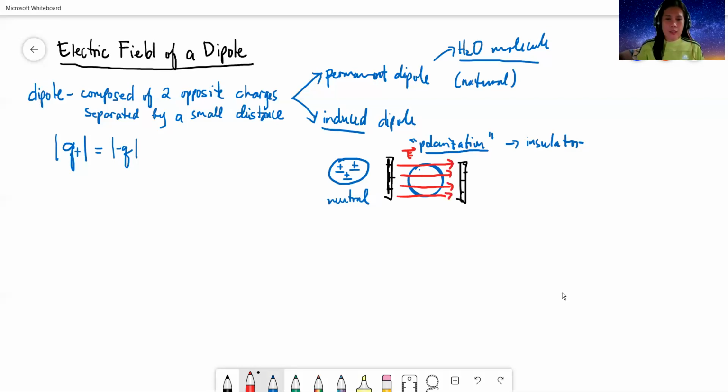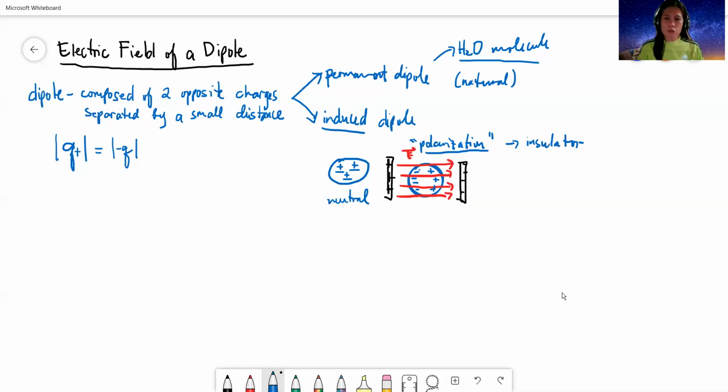The portion here, which is near the positive plate, will somehow attract the negative charges of the sphere. So there will be a rearrangement of the sphere. The left part now becomes somewhat negatively charged, and this one becomes positively charged.